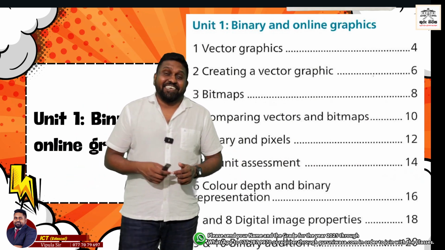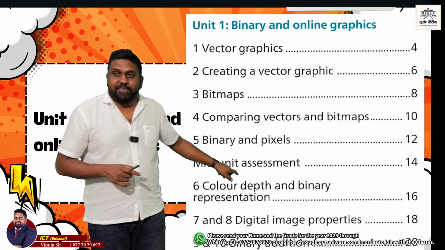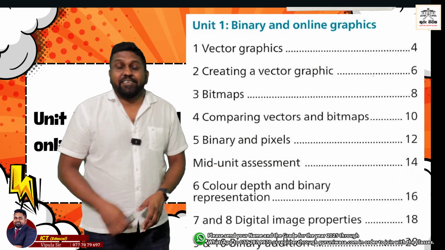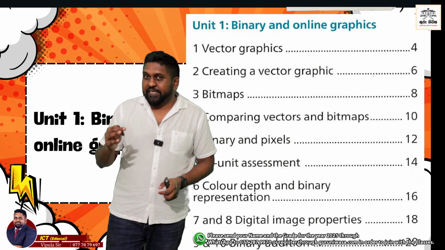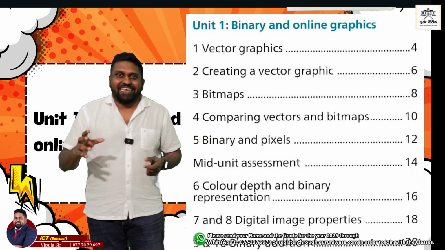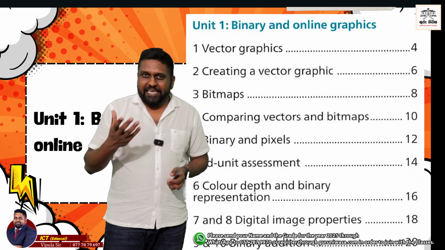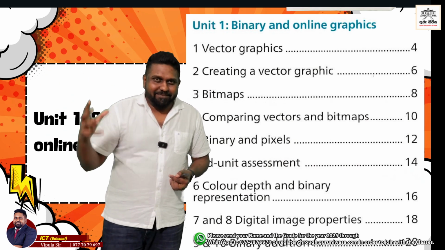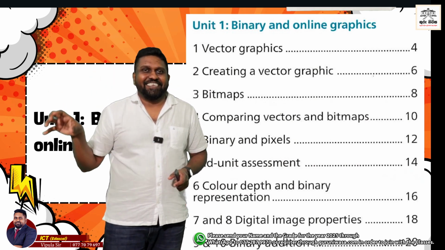Okay, so what I was explaining, this color depth and binary representation is something which Nvidia demonstrated with their new VGA card, where they released the 5090 series, the Blackwell architecture. It actually uses AI to predict and generate frames based on the color depth and the color variations.